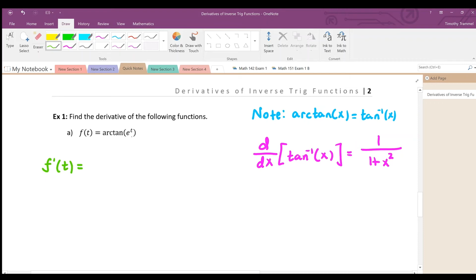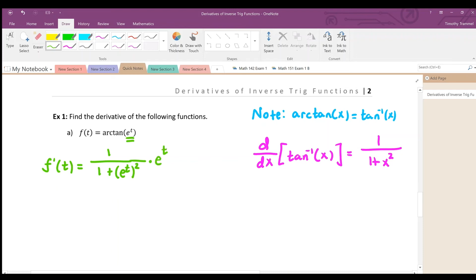Well, note, there's not an x in here, right? There's an e to the t. So this means we're going to have to use the chain rule. Our inside function is e to the t. So we'll have 1 over 1 plus, and rather than it being t squared, it's going to be e to the t squared. And then from here, we still need to multiply by the derivative of the inside function, which is e to the t, right?